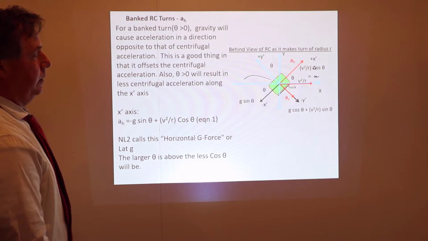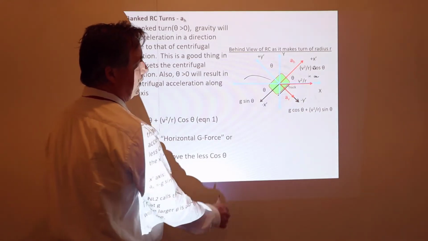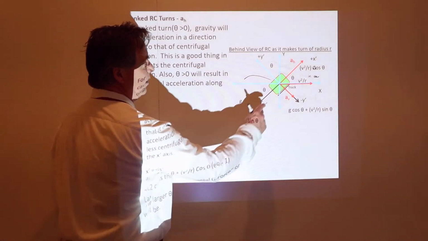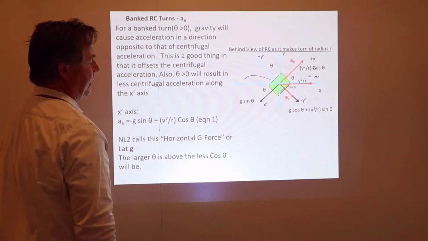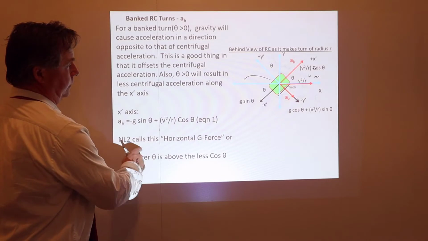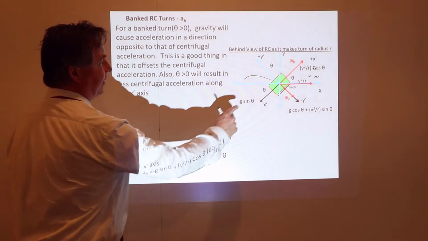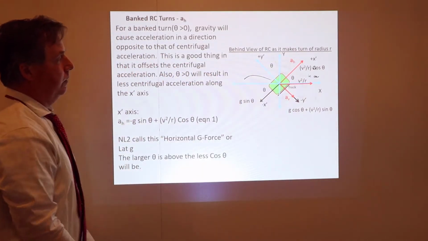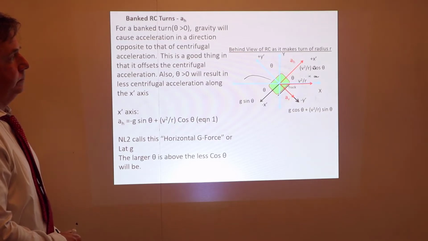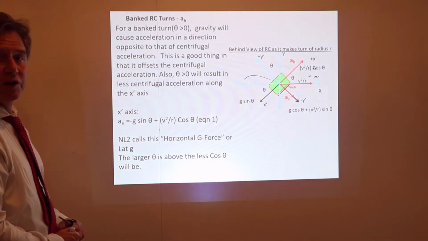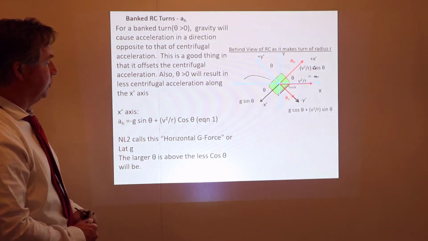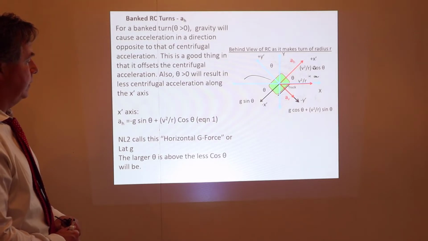The banked turn has reduced the amount of centrifugal acceleration along this axis because we're multiplying v squared over r times the cosine of the banking angle, and gravity offsets that. As a result, you'll have less horizontal acceleration. This will provide for a more comfortable ride for the passenger.